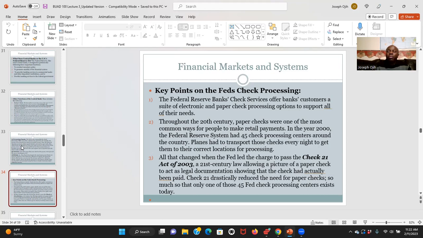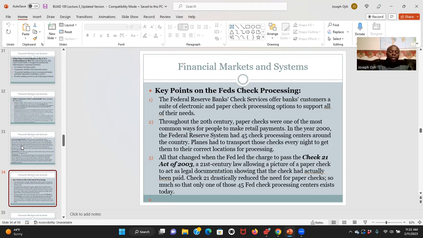So they don't have to use airplanes to transport them anymore. They can just capture the picture of the face of the check electronically and then transmit it to the branches where it can now be cleared.